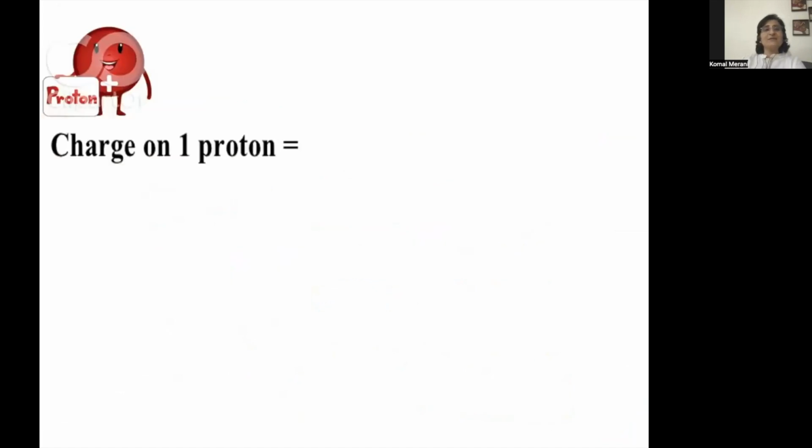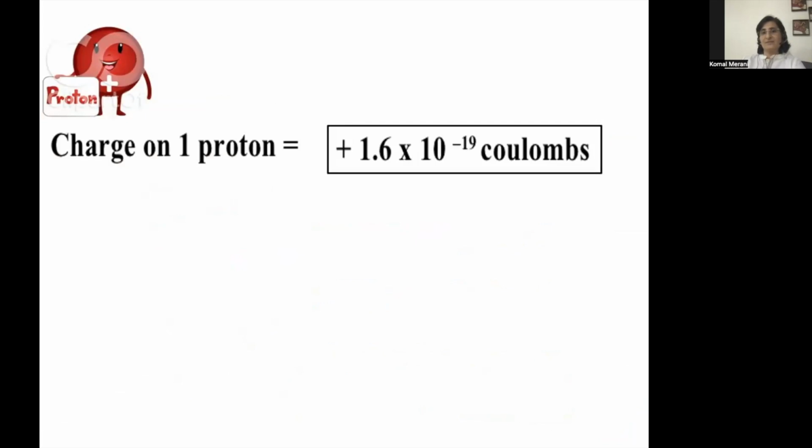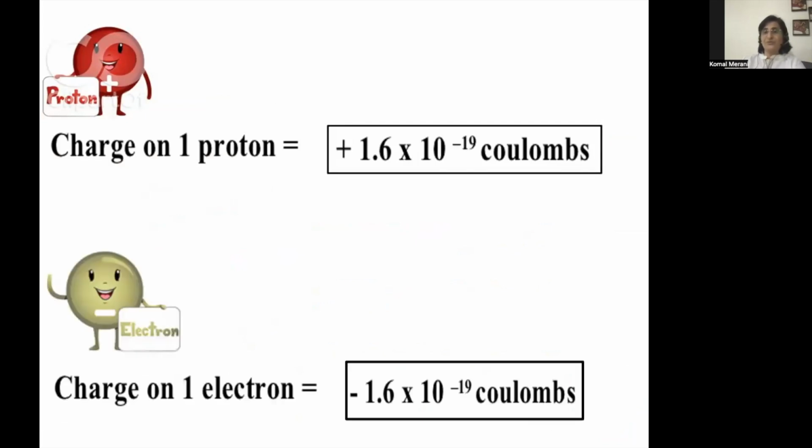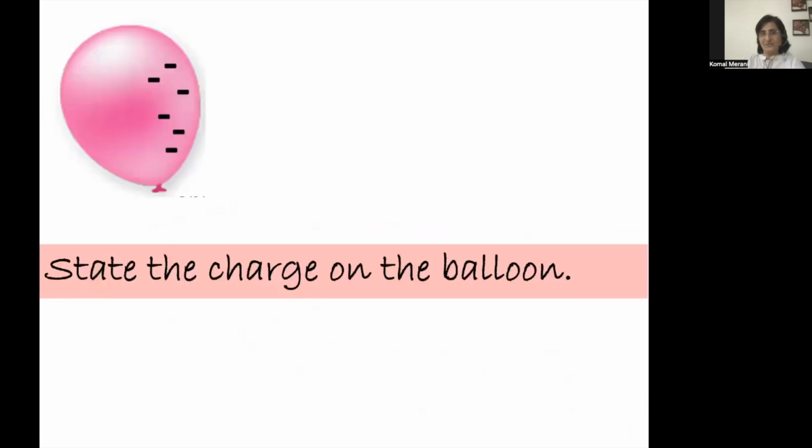Let's understand what is the charge on one proton and charge on one electron. So, you can see the charges' magnitude is the same, but they carry opposite charges. So, let's understand now how do we find out the charge on the balloon.